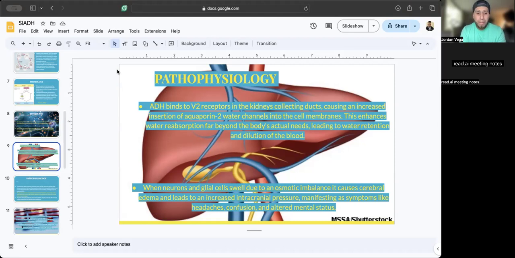When neurons begin to swell, it causes an osmotic imbalance, and it can lead to cerebral edema, which then leads to increased intracranial pressure, which can manifest symptoms such as headaches, confusion, and altered mental status.